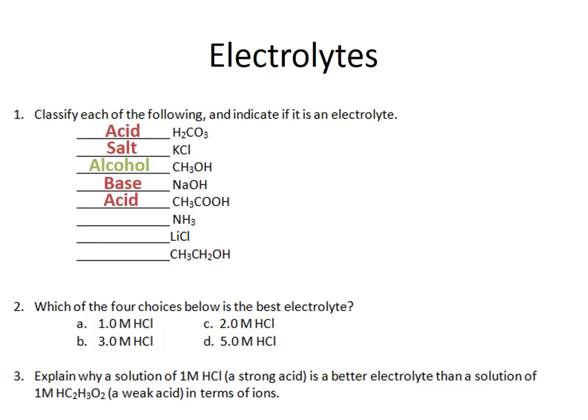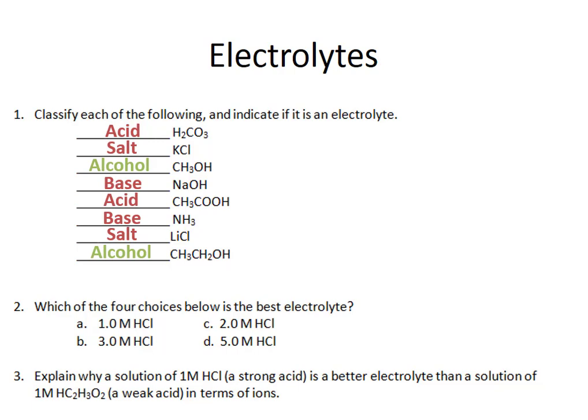NH3 we know is ammonia, and that is a base, so that's an electrolyte. LiCl we know is neither an acid nor a base, but it is an ionic compound, so it is a salt. CH3CH2OH is just a longer alcohol, that is ethanol, and that is one that 21 and older consume.